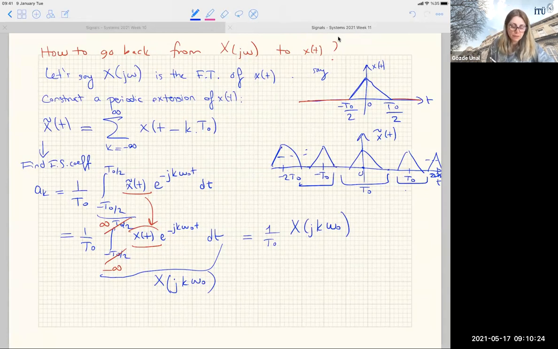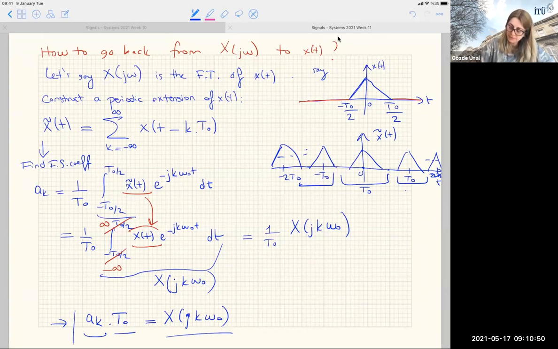Okay? So from here, we found the relation between Fourier series coefficients and the Fourier transform. You see, take the Fourier series coefficients, multiply them by T0, you get the Fourier transform at these multiples of the fundamental frequency.